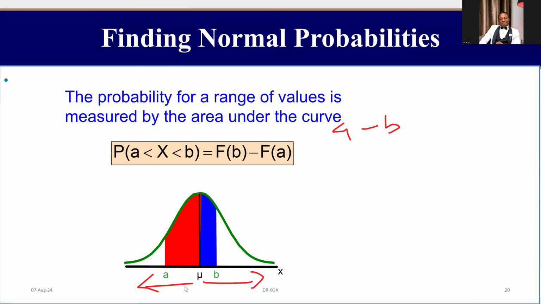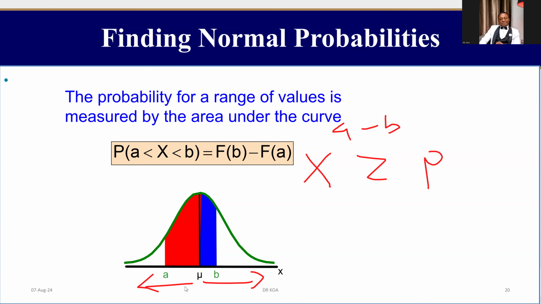So what I need to do is to calculate A. Now, when I say A, it means I'm moving from the center to the left towards A. So I got to calculate the probability for A. Follow me here. Remember, there is a random variable called A. I need to now go and get a probability for it. But I cannot get a probability for it unless I get a Z value for it. And I'll come back to that.